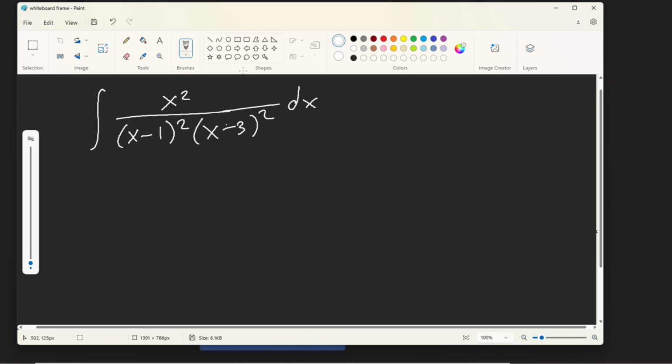Let's be very real. I don't want to do partial fractions with this because this takes forever. Doing this and then doing the same thing for the other side, it takes forever. I don't want to do that. So instead, we're going to treble clef this. In other words, you're solving the square version of this.